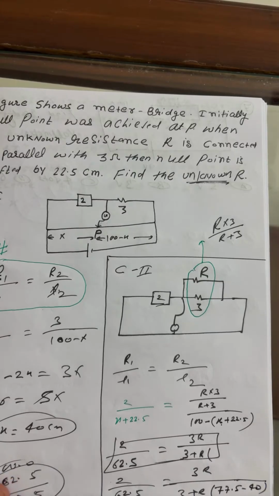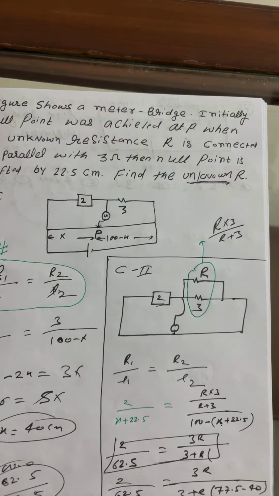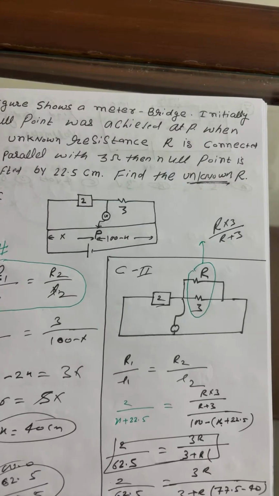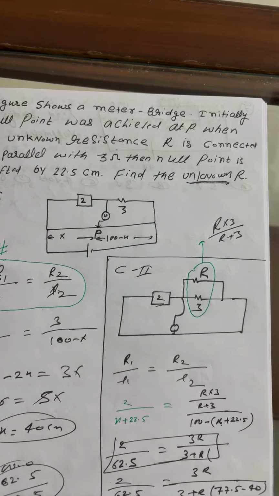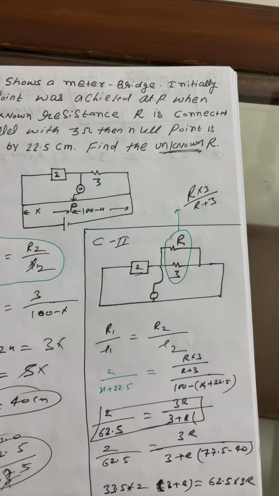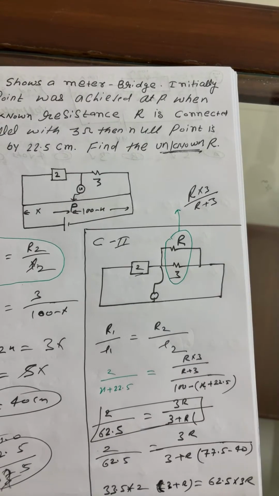That is fine. Then cross multiply: 33.5 into 2 is equal to 3 plus R into 62.5 into 3R. Simple. Further you can solve it. You will get R is what? This is 2 ohm.